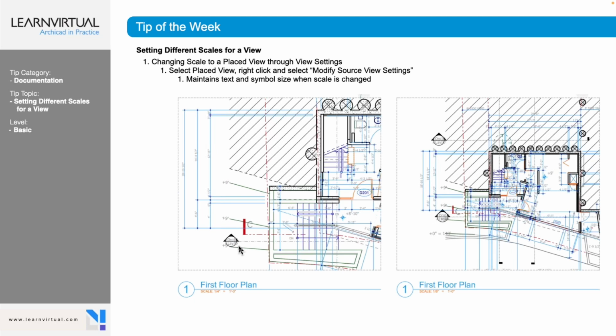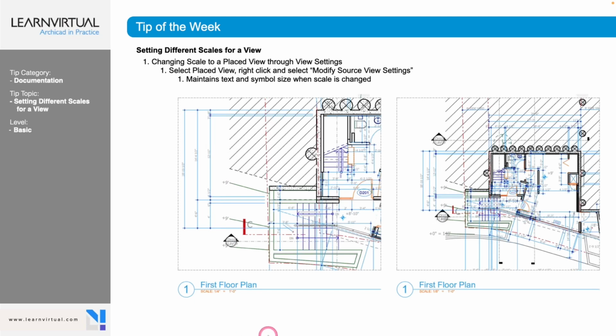If you are increasing your scale, then your text and your symbols are going to appear smaller. If you're decreasing your scale, your text and your symbols are going to appear larger. So if you want your text and your symbols to stay the same, this is a great way to do it.